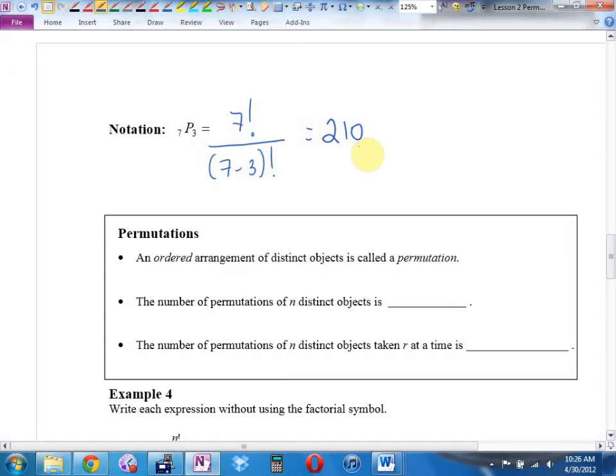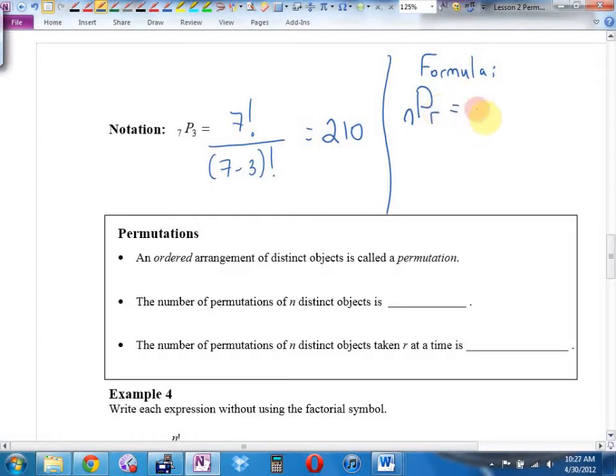As a formula, here's what we say. If you have n objects, lowercase n, and you're permutating them r objects at a time. Hey, from 7 letters, pick 3 of them. From 12 letters, pick 5 of them. From 8 letters, pick 2 of them.